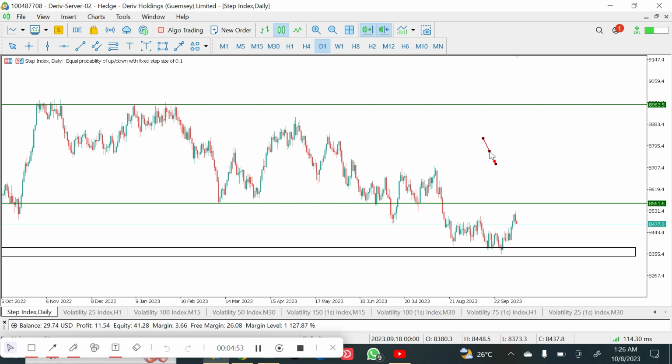And we need to also take notice of this area of resistance right here. It was previously support which got broken, tested as resistance once, twice, and on the third one we are having the market break out of that.